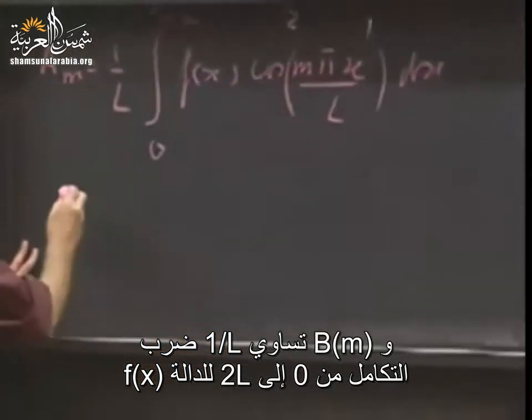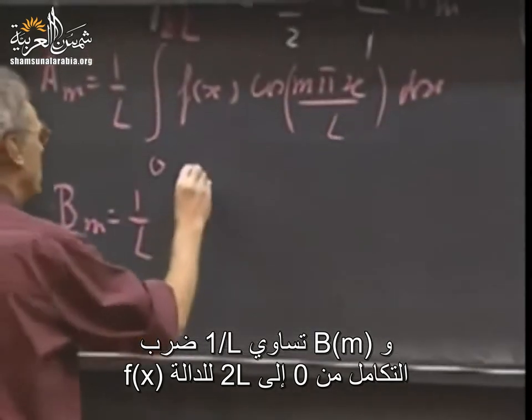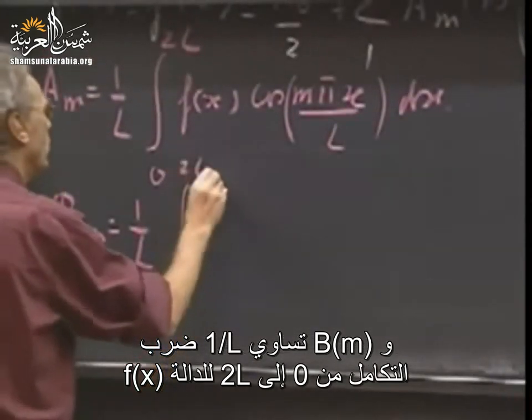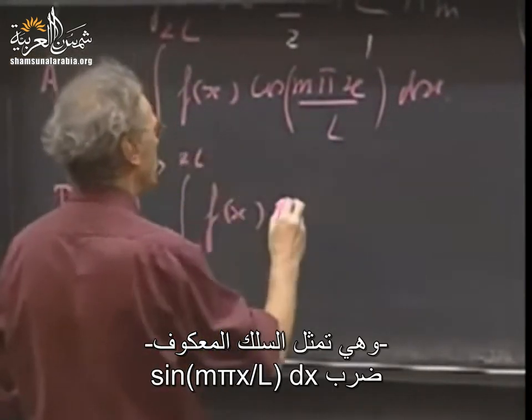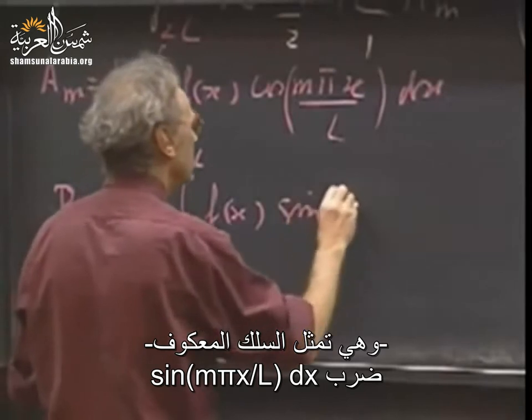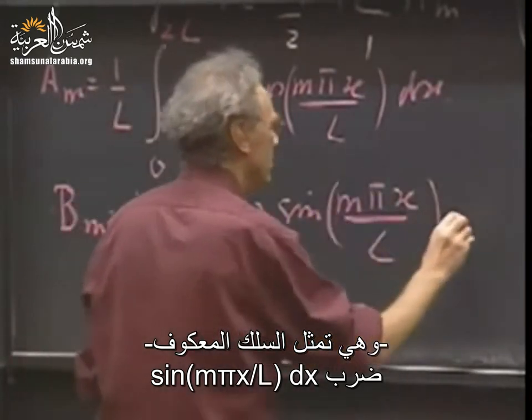And b of m is then 1 divided by L times the integral from 0 to 2L of my function of x, which is my plucked string, times the sine of m pi x over L times dx.